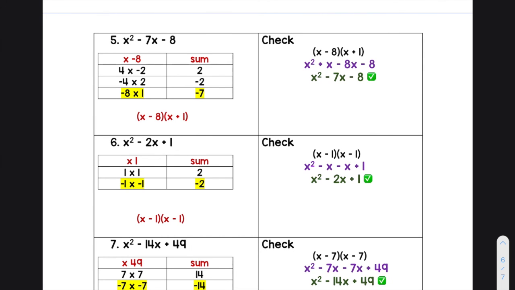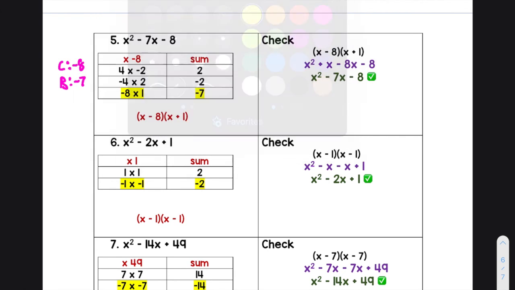Here are your answers for problem 5, 6, and 7, in which problem 5 has a C value of -8 and a B value of -7. On the left side of the chart, we found product or two numbers that multiply to get -8, and we're selecting the pair that adds to be -7, which happens to be -8 and 1.